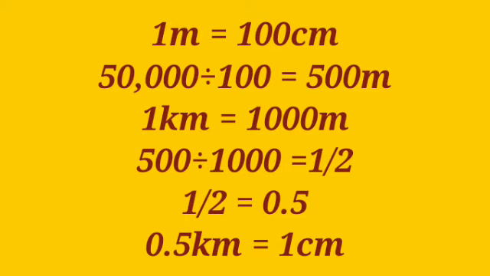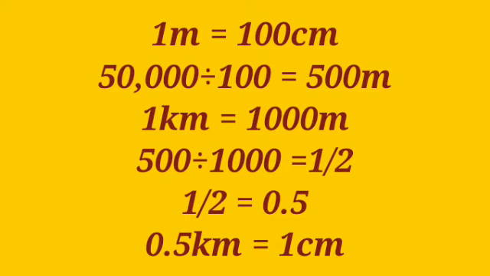Now, second type of scale is representative fraction, and in short we say RF. R for representative and F for fraction. Now, first point of representative fraction is it shows the ratio between the distance on the map to the distance on the ground.